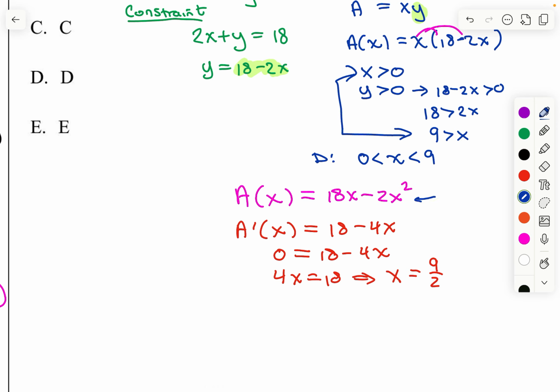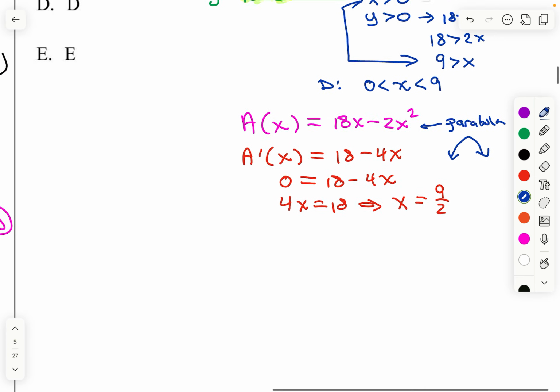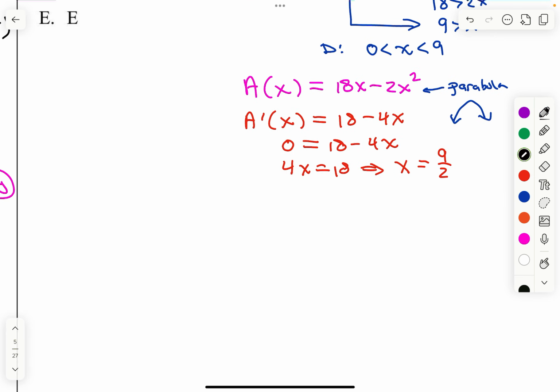First of all, this is a parabola. It's a parabola that opens down, so it's going to do that. So I think we found our max, but to be thorough, just for this example, I've already restricted my domain to be from 0 to 9. Okay, and A prime of x, we've got a critical point at 9/2.